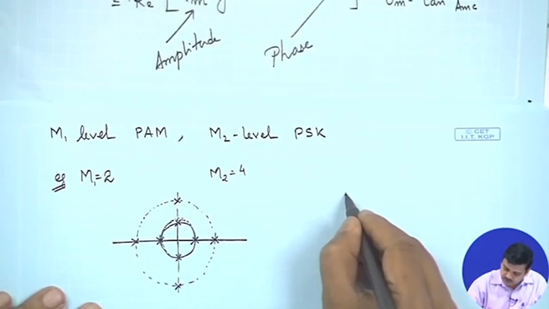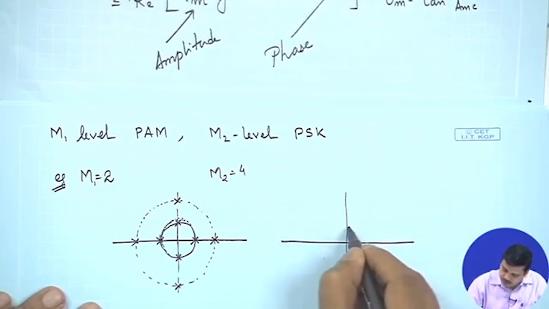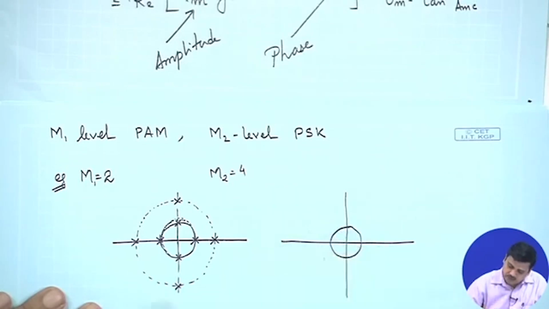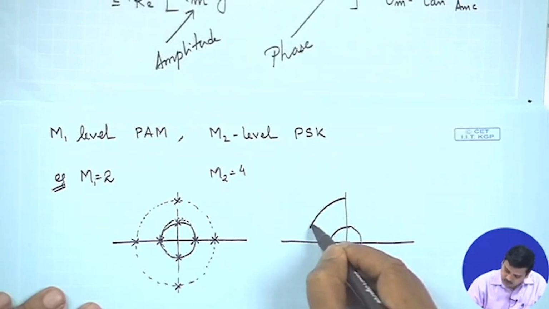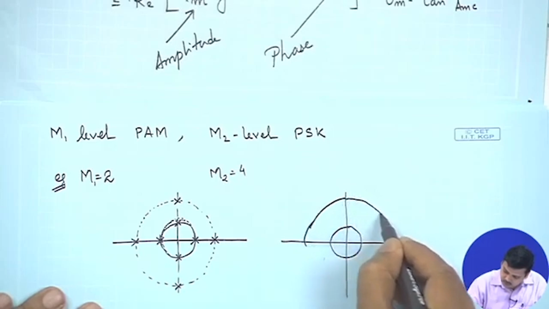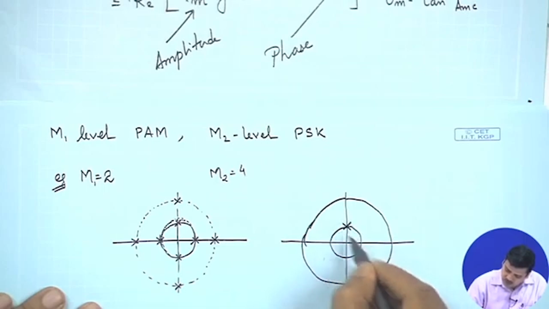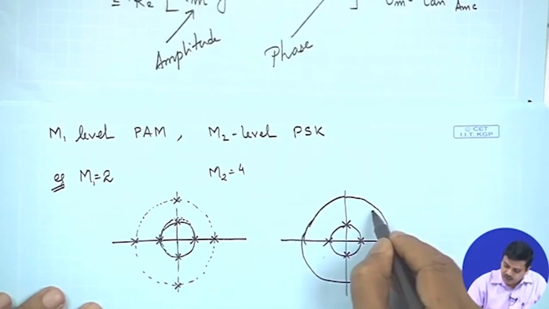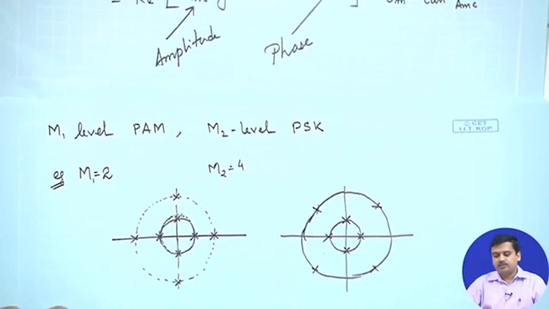Another alternative, rather different option could be that you have this as one amplitude, this is another amplitude. These are the 4 different phases of the first amplitude, and these are 4 different phases of the second amplitude, right.